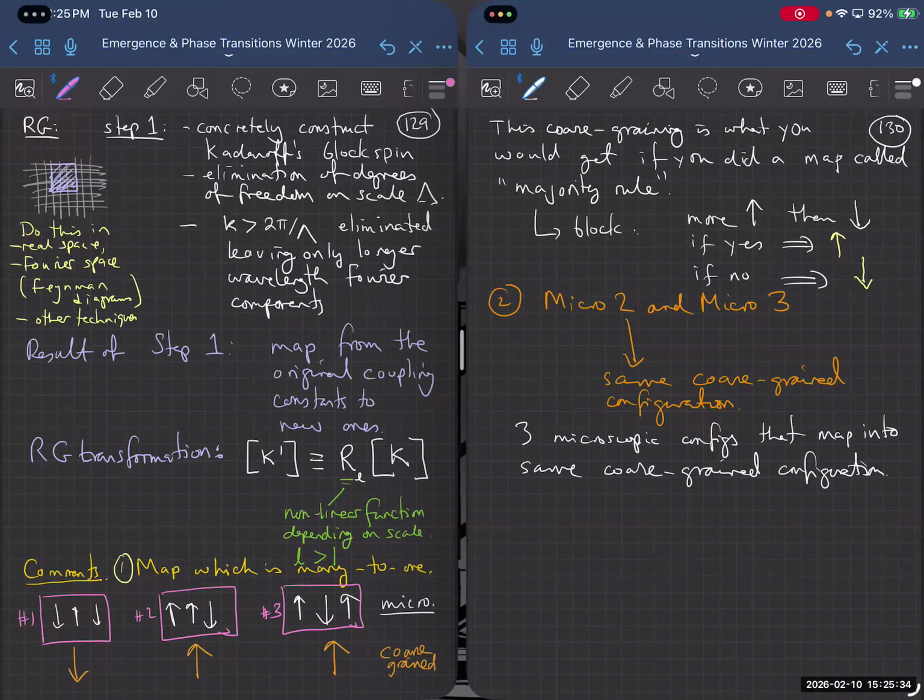And so when I look at the renormalization group transformation, it has no inverse.